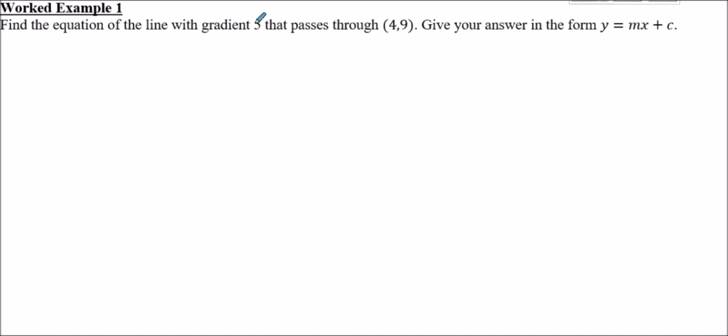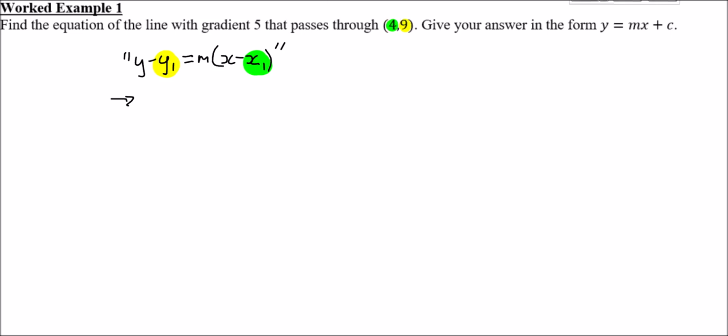So let's first of all work out the form of a line using y minus y1 equals m brackets x minus x1. In other words, what we had from before. Let's use this and apply it. So y1 is just the known y-coordinate of a point we know. We know this point, and the y-coordinate was 9. x1 is a known x-coordinate, and we know for this point that the x-coordinate is 4.